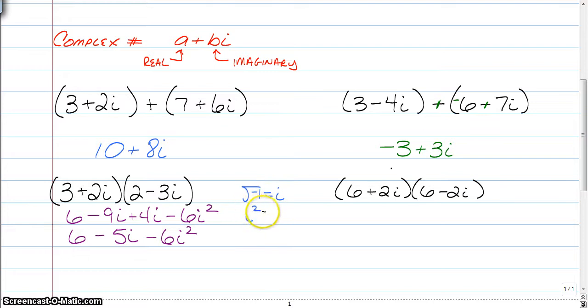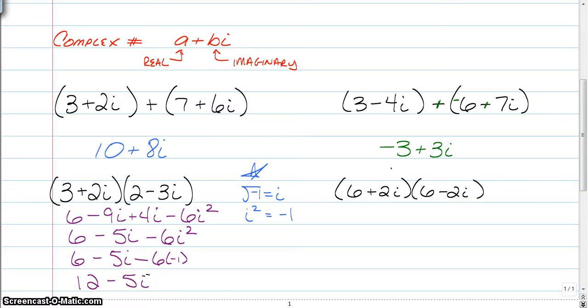That means i squared is equal to a negative 1. Special note. So in this problem right here, this is actually a negative 1. So we can rewrite this as 6 minus 5i minus 6 times a negative 1, which turns that into plus 6. So 6 plus 6 is 12 minus 5i.